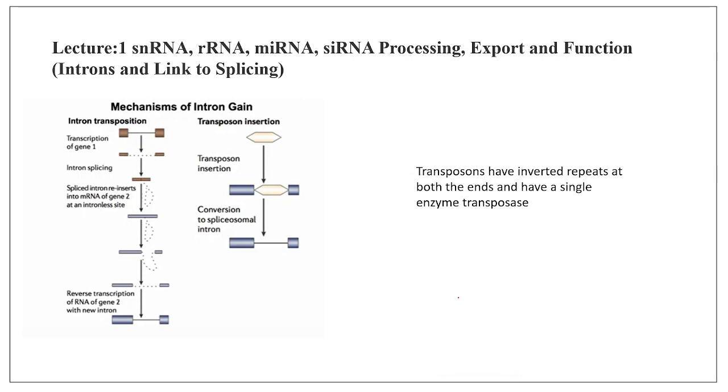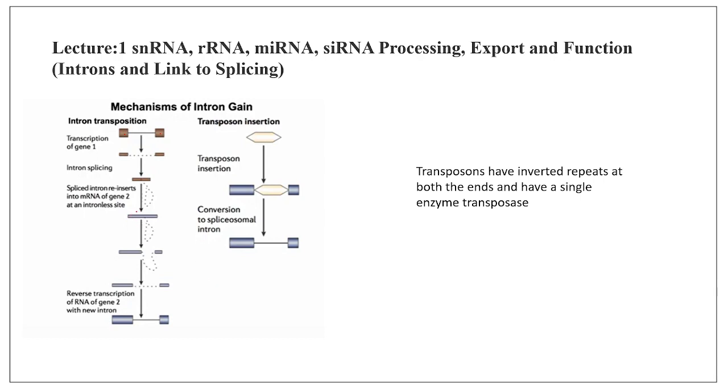So this is your exon and this is another exon, and in between there is an intron. First this intron is spliced out. Now this spliced out intron can insert into another mRNA where there is no intron.